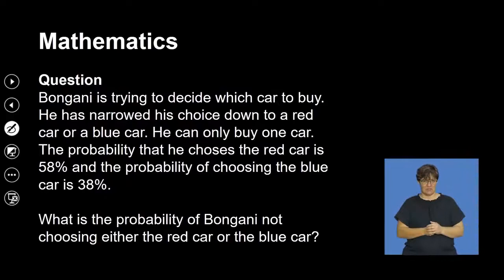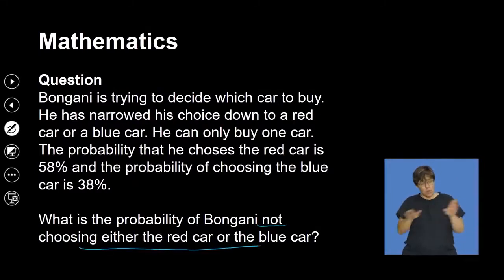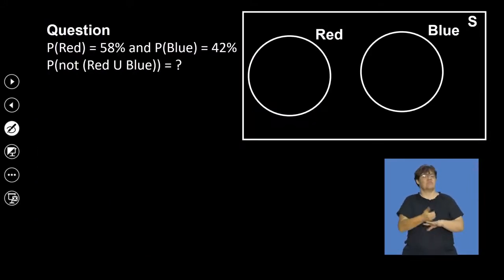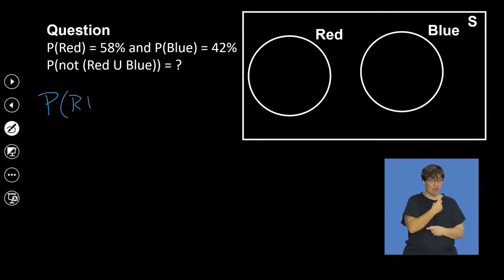Well, let's have a look at our next question. And here is the next question. It says, what is the probability of not choosing either the red car or the blue car? We recognize we've almost got the answer, and we've established already that the probability of choosing red union blue was going to be 96%.